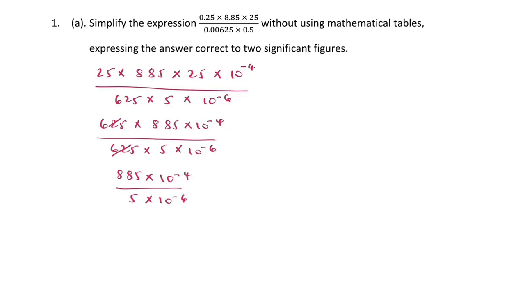Our expression is going to be 177 times 10 squared, of which after solving the values we are going to have 17,700. Okay, so expressing this into two significant figures, our answer is going to be 18,000.